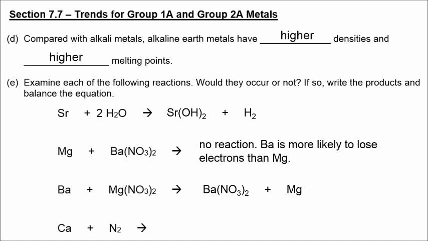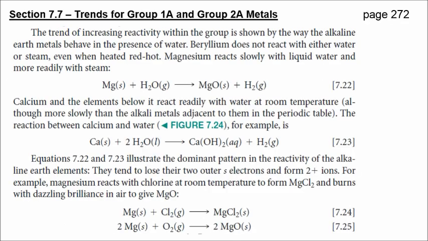And then finally, calcium plus nitrogen would make calcium nitride, and that equation is balanced, as you can see, with 3, 1, and 1. On page 272, you can look at alkaline earth metals reacting with water or reacting with nonmetals like chlorine and oxygen.